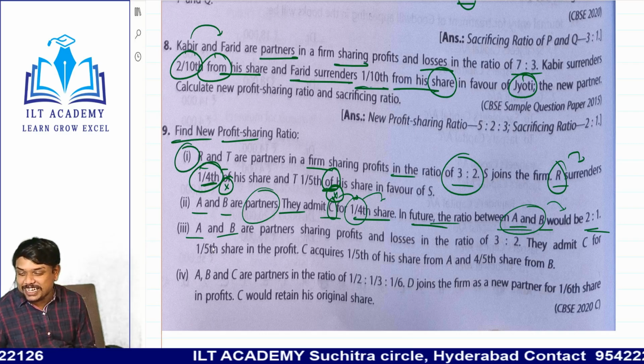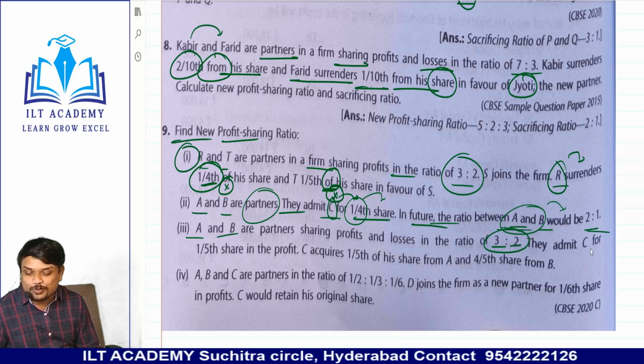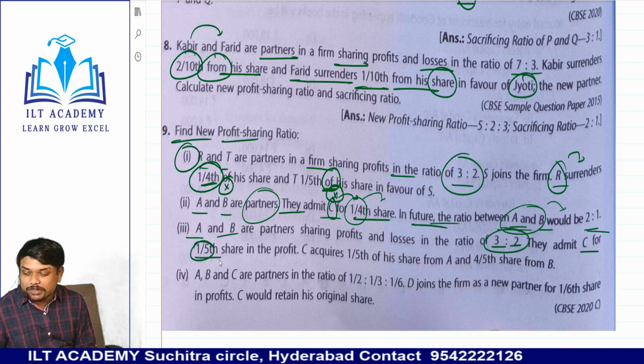Now look, A and B are partners sharing the profits and losses in the ratio 3:2. They admitted C for a 1/5 share in the profit.